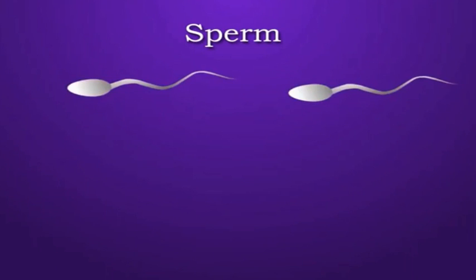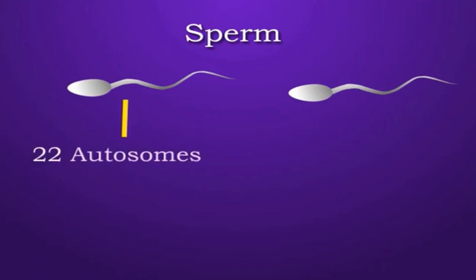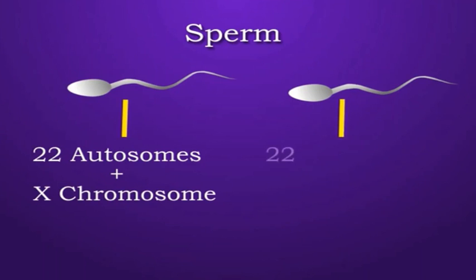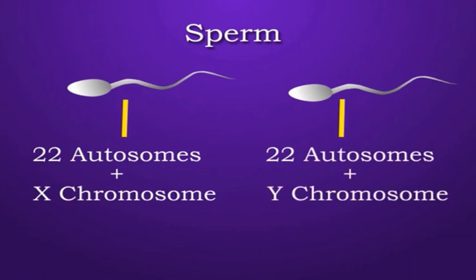One has 22 autosomes plus one X chromosome. The other type has 22 autosomes and one Y chromosome. So sometimes X, sometimes Y.